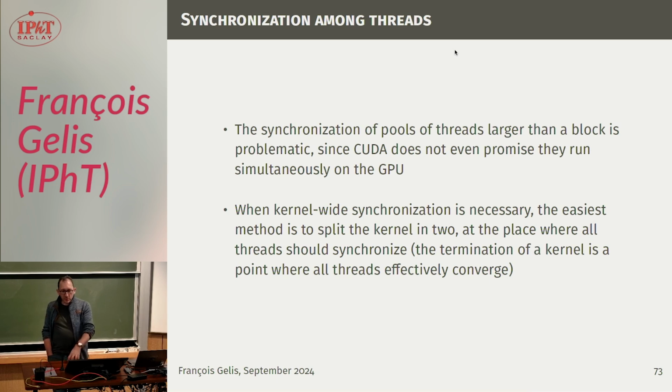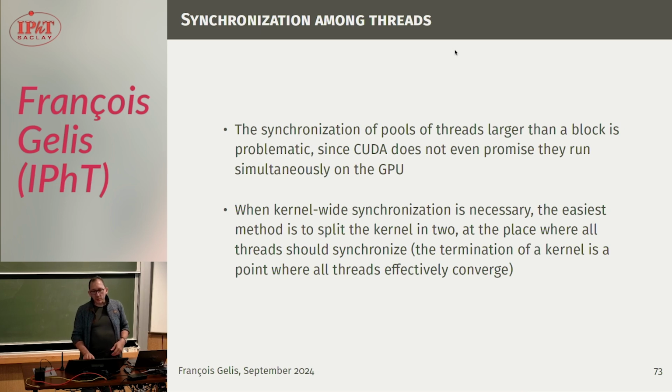So one uses synchronization at the level of the blocks, and if you ever need synchronization for all the threads in the kernel, it's better to just divide your kernel in two, the part before where they need to be synchronized and the part after, because when a kernel terminates, it's a point where all threads, by definition, are synchronized. They have all terminated.